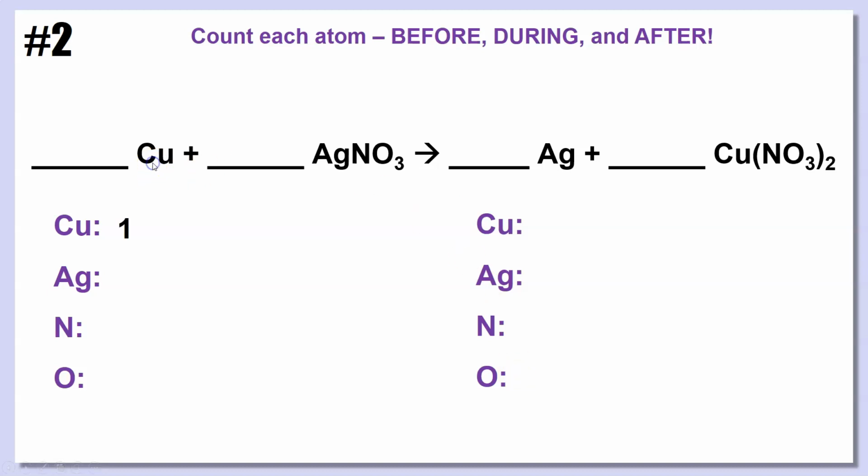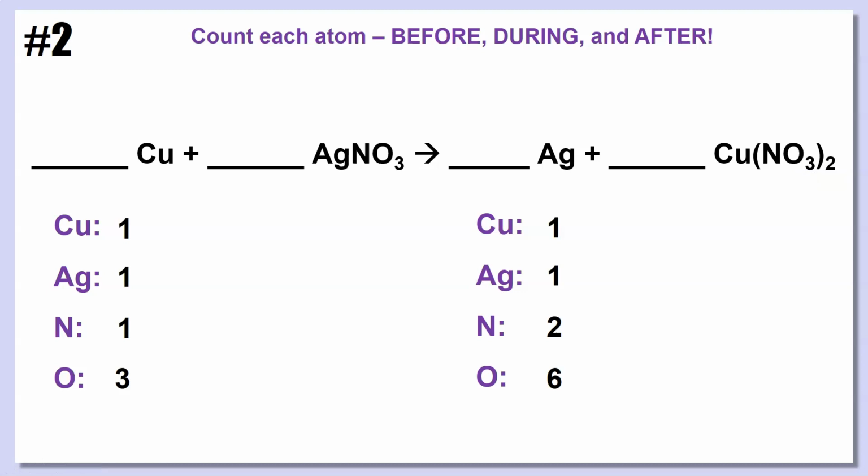I have 1 copper, I have 1 silver, I have 1 nitrogen, and I have 3 oxygens. On this side, I have 1 copper, I have 1 silver, but look, I have to distribute. There's 2 nitrates, so that means I have 2 nitrogens. That means if I distribute here, I have 6 oxygens.